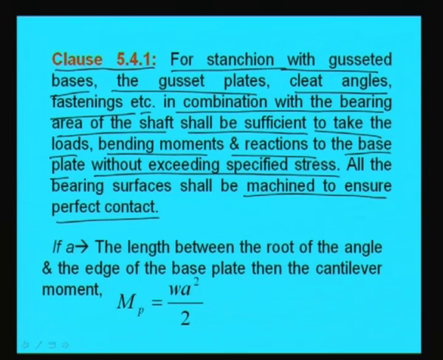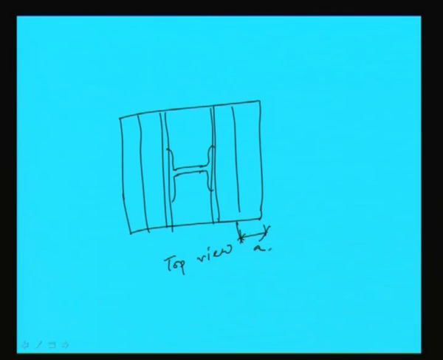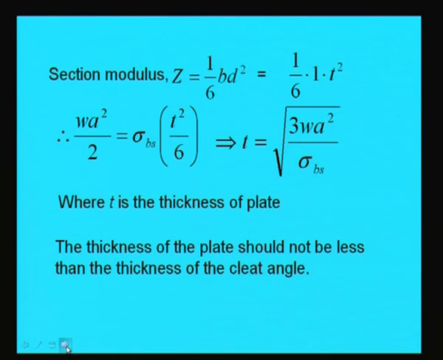Right. Now if A is the length between the root of the angle and the edge of the base plate, then the cantilever moment M for that hanging portion will become Wa² by 2, if W is the uniformly distributed load coming. As in the earlier case, the section modulus Z can be written as 1 by 6 BD², and for a unit thickness we can take 1 by 6 into 1 into T², where T is the thickness.